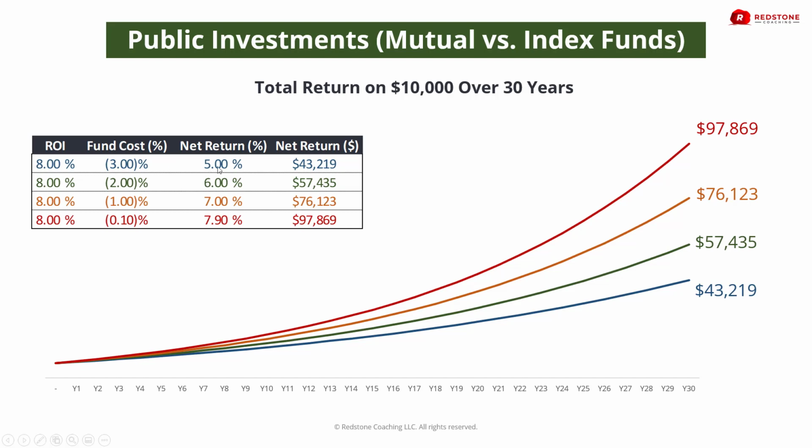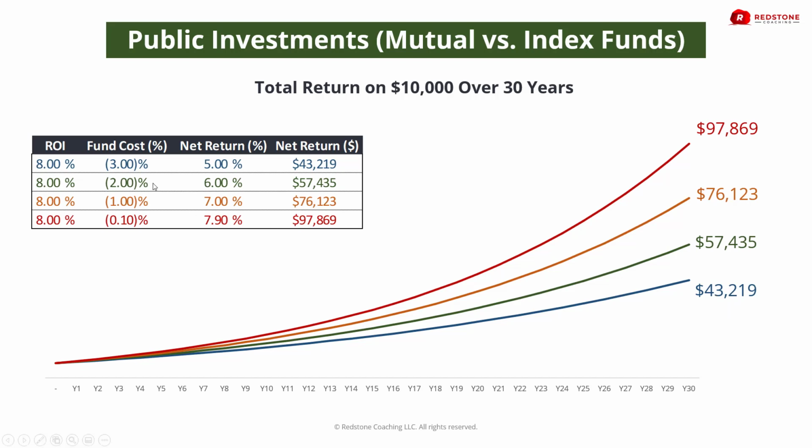Well, if you're earning 5% on your money, in year zero you start with $10,000, so the total return on $10,000 over 30 years. You start at $10,000, and if you're earning 5% over 30 years, that's going to compound to about $43,000.